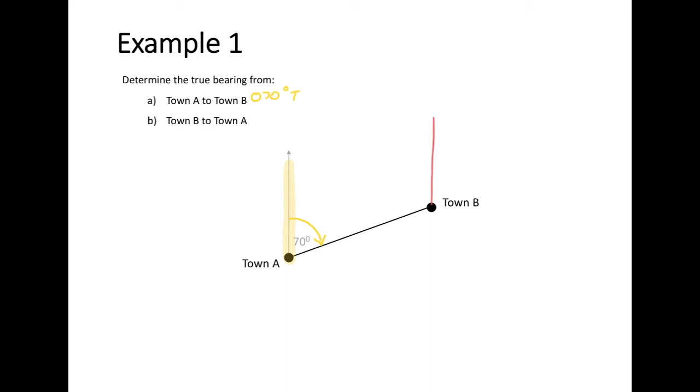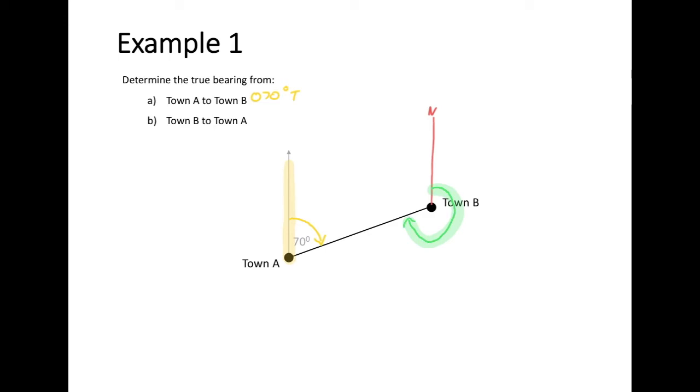So after we add in our north facing line, we can work out where the angle is going to be that we want to determine. And here we're starting at our north line and we are working around till we get to our direction of travel. So our true bearing from town B to town A is going to be the size of this angle.